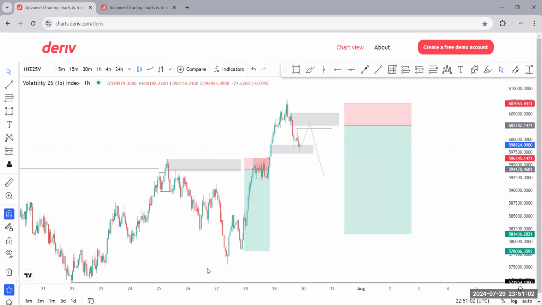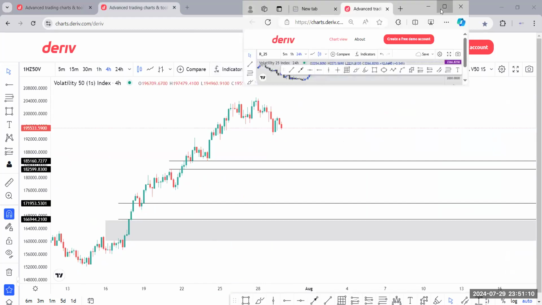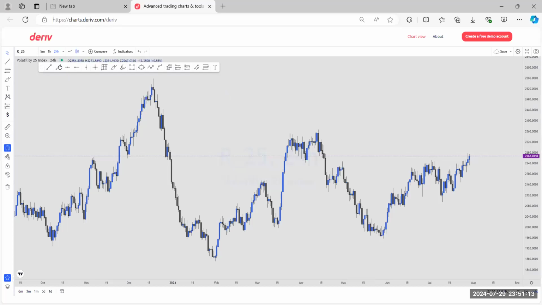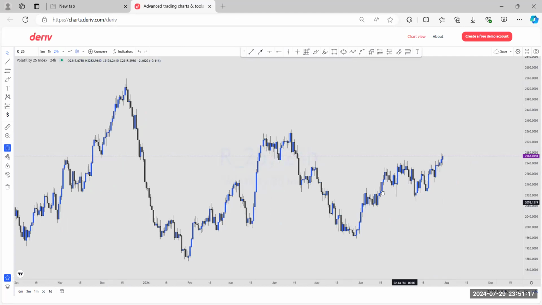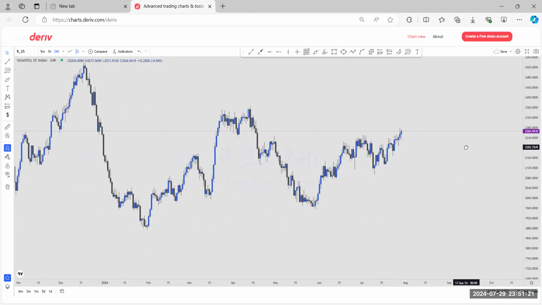First of all, we start with market analysis, top down, and possible points of interest where we can look to trade from even on this day's trading day. So what actually is happening is that today is 29th of July 2024, and it's around 10:51 p.m. right here, almost about 11.